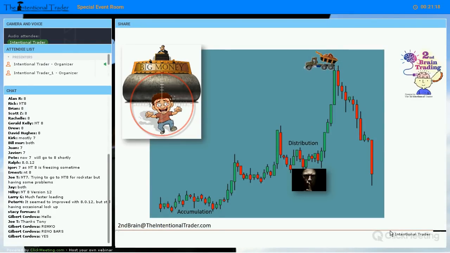And what happens when you have a larger supply than you do demand? What happens to price? Price drops, right? The bigger the imbalance, the more price is going to drop until it starts leveling out. Until people start wanting to buy at this lower price down here.